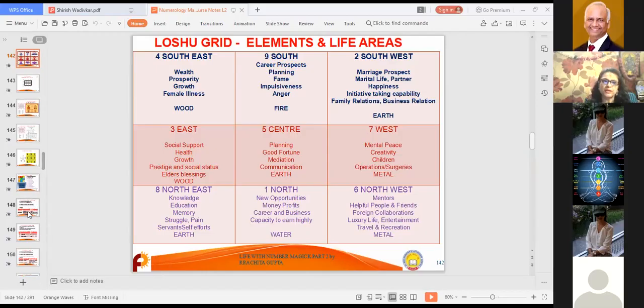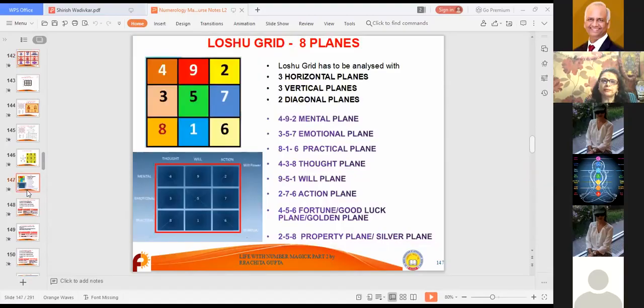Now today I'm going to start with a very important part of the Loshu grid, which you should have a thorough understanding of. That is going to be the 8 planes. They are called arrows or planes of the Loshu grid. I put up the slide a bit earlier, so I hope everybody has at least gone through the names. 8 arrows are there.